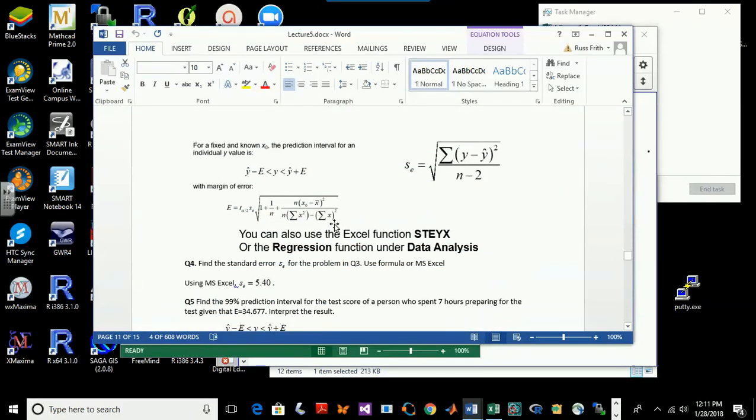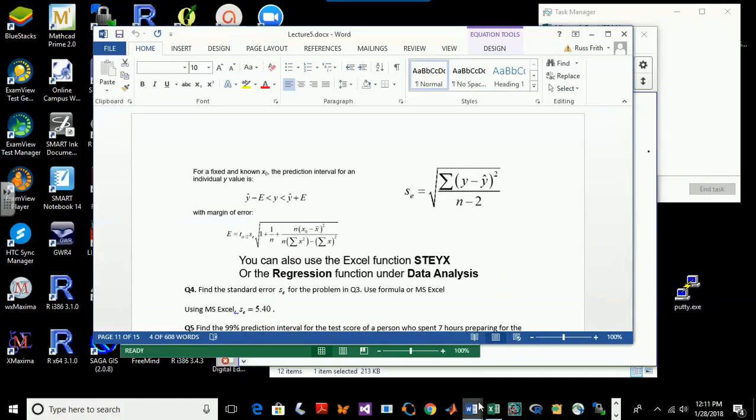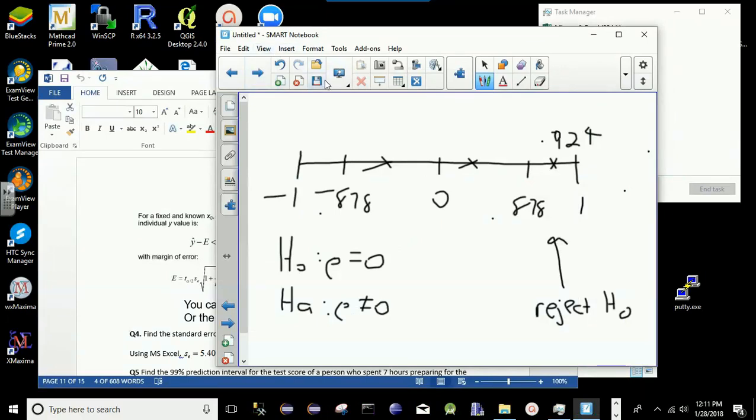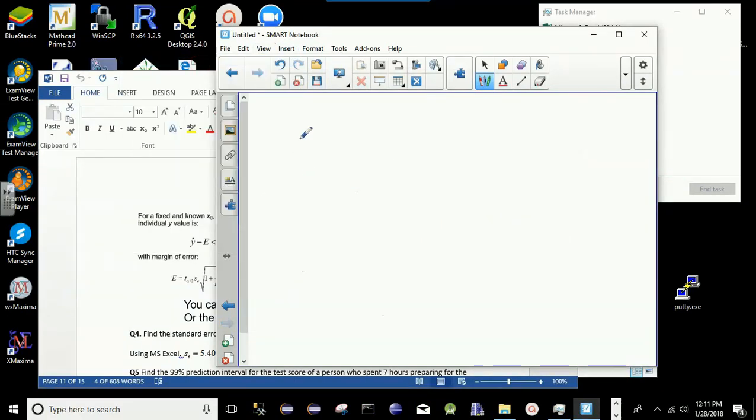What this means is, when you use your regression equation, your regression equation is this. For a given value of x, you plug in that value and you get a predicted value, assuming that r is okay. Recall that when you calculate a regression equation using Excel, the alpha is 0.05.